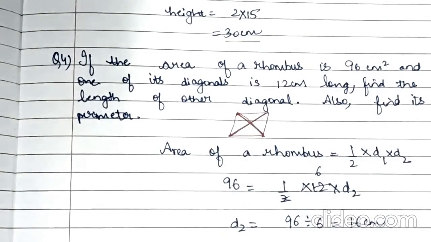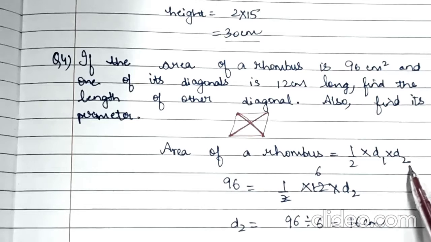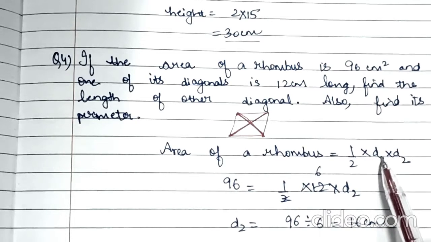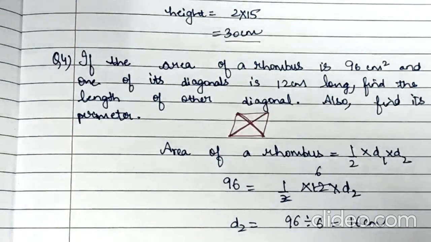Now area of rhombus formula is half into D1 into D2, that is product of the diagonals. Now first diagonal is given to us, that is 12. So on putting value, simplifying, the second diagonal will be 16 centimeter.